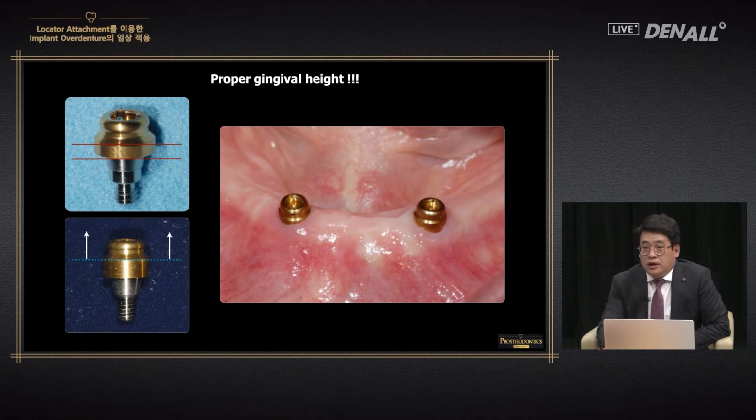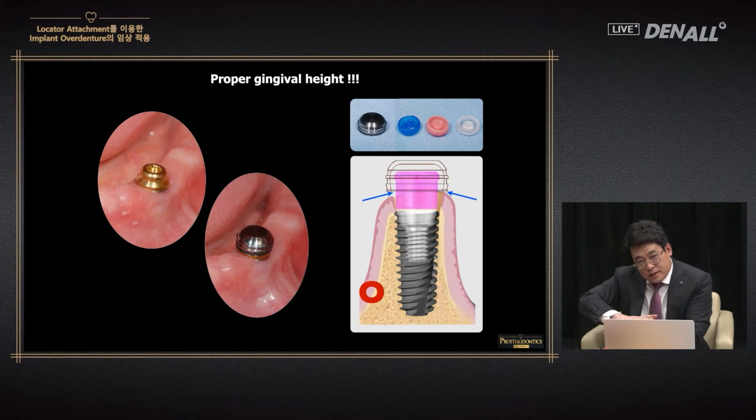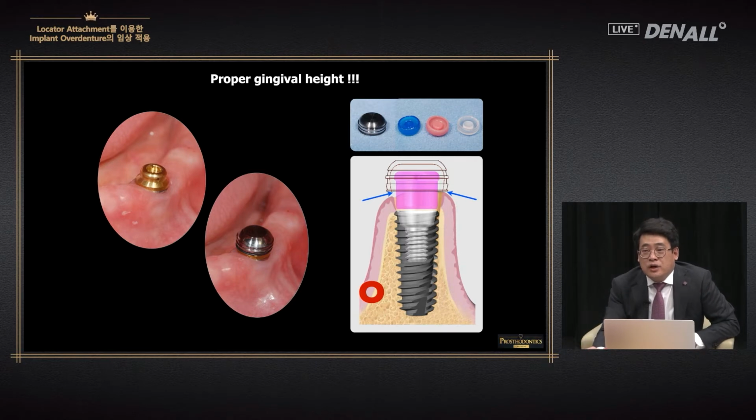The processing cap is attached to the inner surface of the denture, and within that, the nylon nail goes in. The attachment goes in like this. You should not pressure the gingiva. At least for this area where it is in contact with the processing cap, it should be slightly superior to the gingiva to avoid gingival irritation.